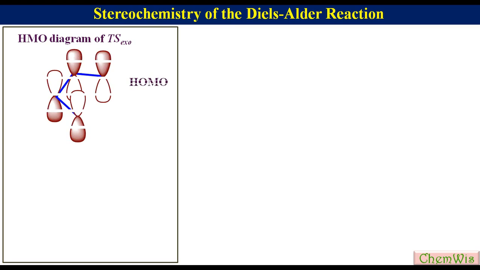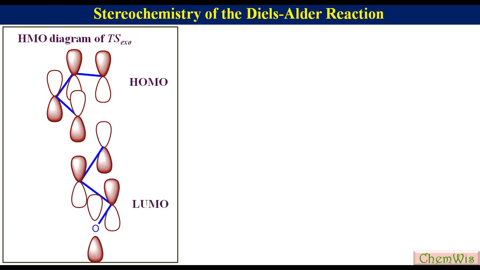This is the HOMO of diene and this is the LUMO of dienophile. For more details about the way of making Hückel molecular orbital diagrams of different alkenes and polyenes and structure of HOMO and LUMO, please visit my previous lectures. Their links have been shared in the comment section of this lecture.